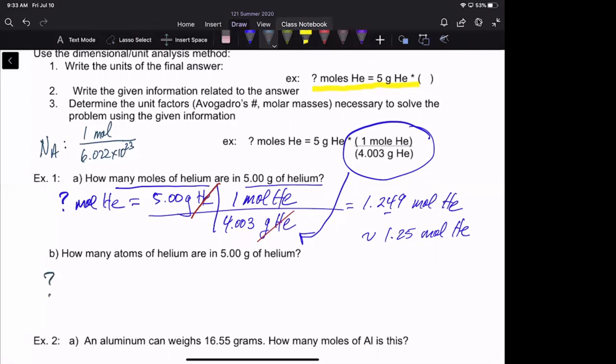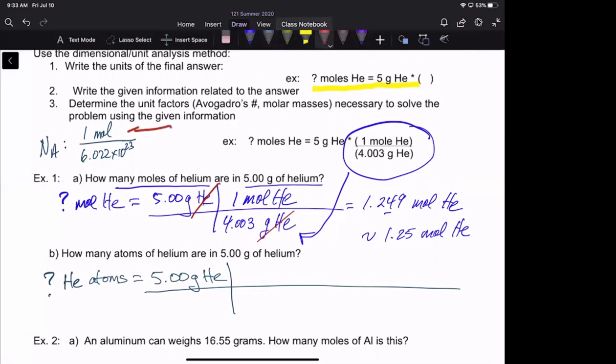So how many helium atoms equals 5 grams of helium? Well, we just did this above, and we see that there are moles here using Avogadro's number. So we want to get to moles. When in doubt in chemistry, go to moles.